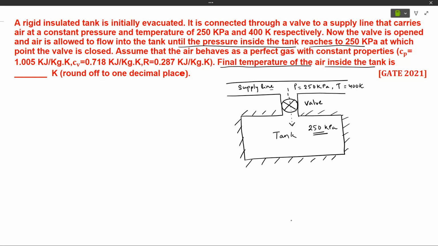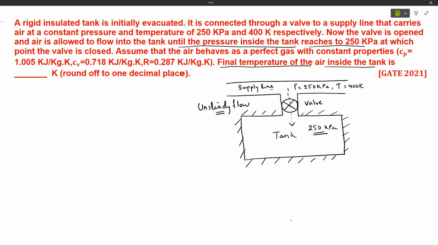Here we have to consider the flow of mass into the system, or into the tank, as mentioned in the question, but there is no exit section mentioned for the given case. So we understand it is a case of unsteady flow.